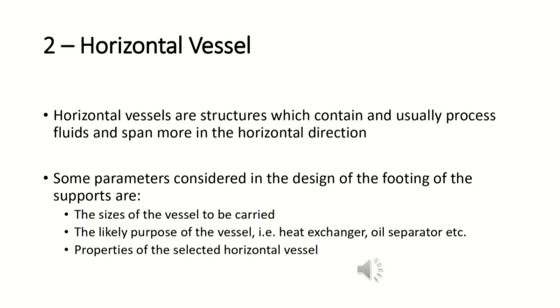Another parameter to consider is the properties of the selected horizontal vessel, such as the center to center distance of the supports and the positions of the bolt points on the saddle, that is the supporting plates of the horizontal vessel.